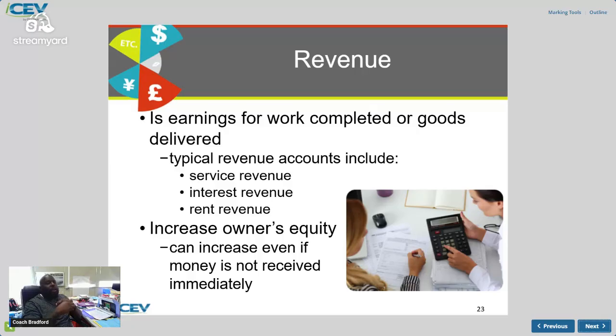Interest revenue, meaning I have my money in a bank account or I invested in stocks and I receive money back for having my money and letting them borrow it. Rent revenue, I own a building, someone is renting space from me. I own a barbershop, someone is renting a chair. Okay. Revenue increases owner's equity, even if the money isn't received immediately.